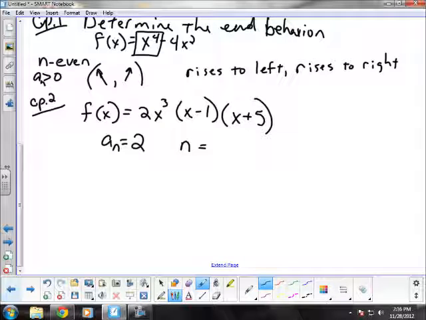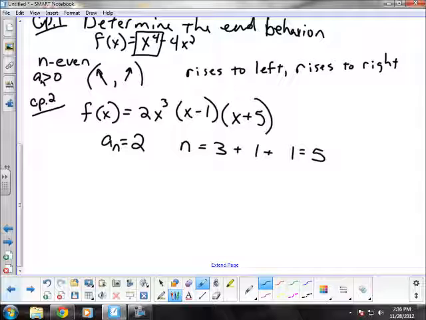How did you get that? What's the degree of this one? 3. What's the degree of this one? And what's the degree of this one? When I multiply like bases that have exponents, what do I do to their exponents? I'm adding them up. So n is 5. So it is odd. Very good.